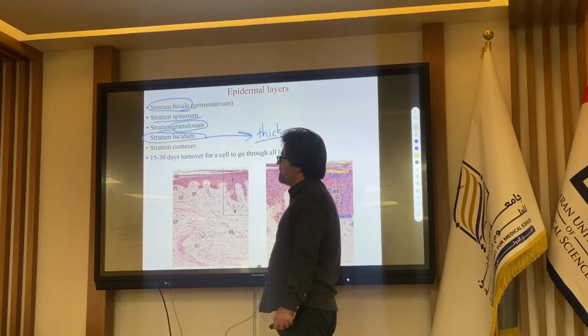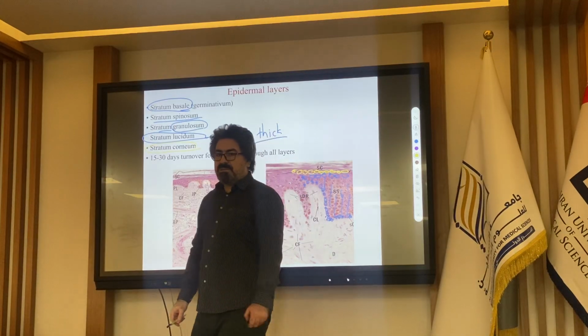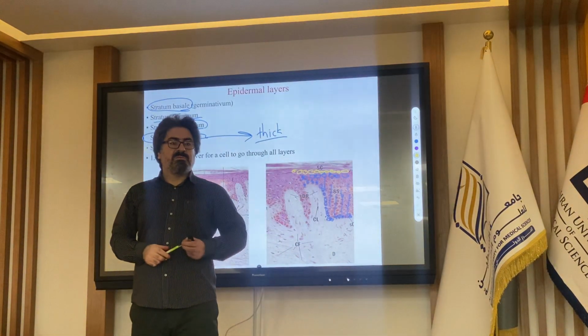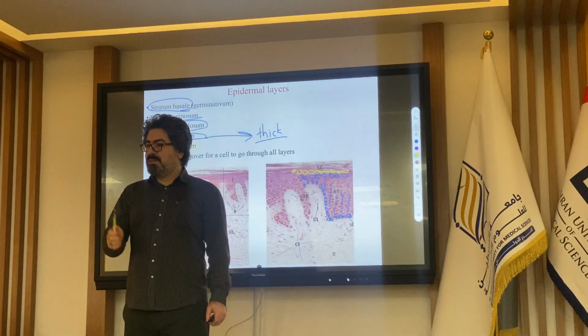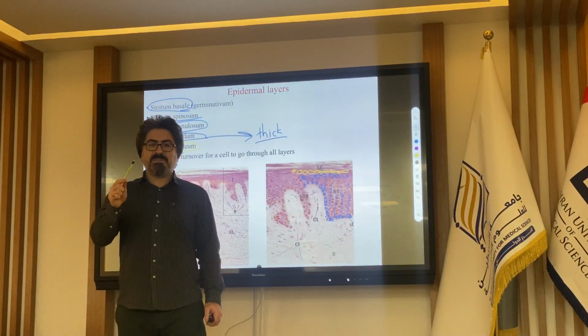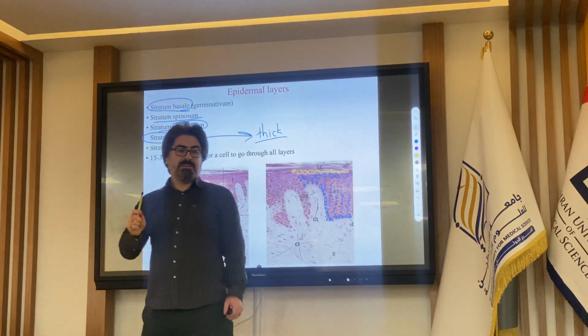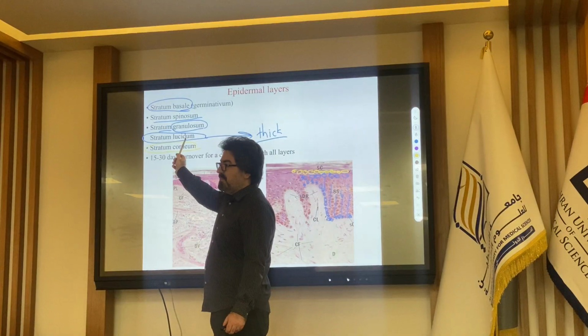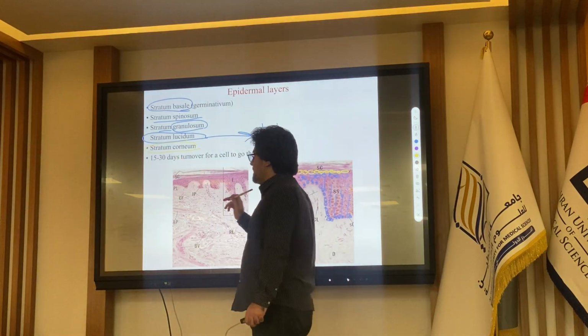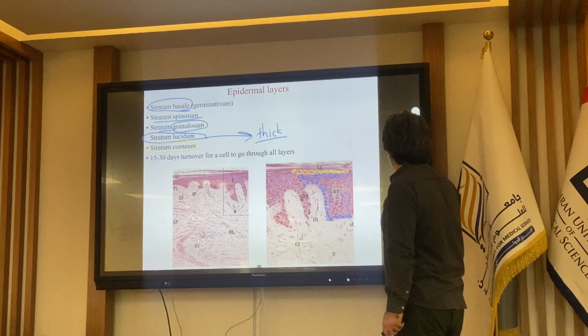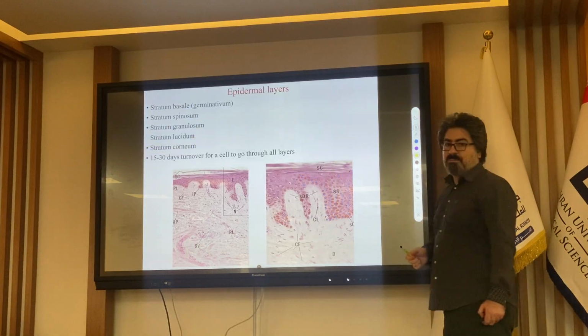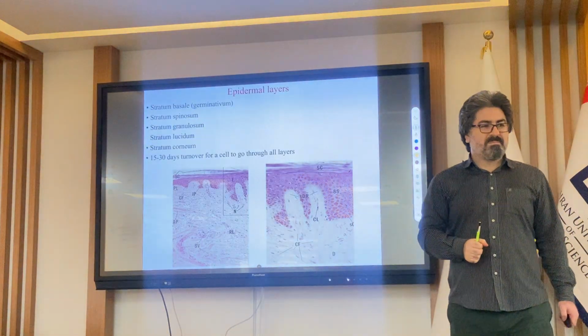1, 2, 3, 4, 5. So the epidermis includes 5 layers. And one of them is just a characteristic of thick skin. Which one? The stratum lucidum. What about days?